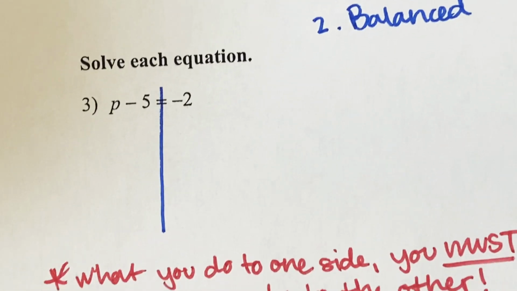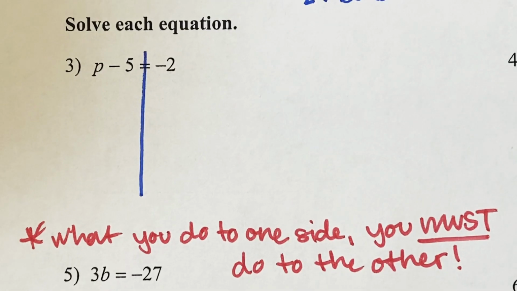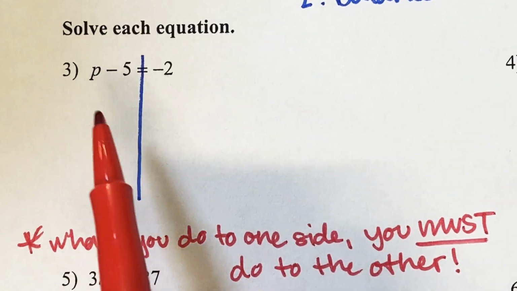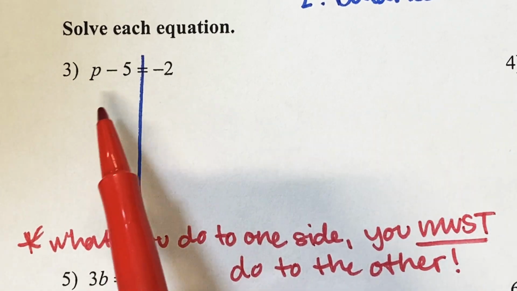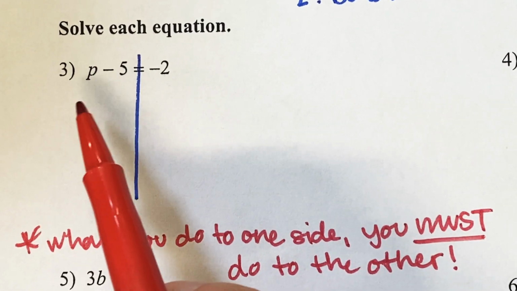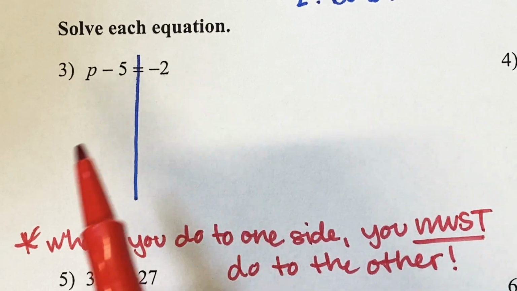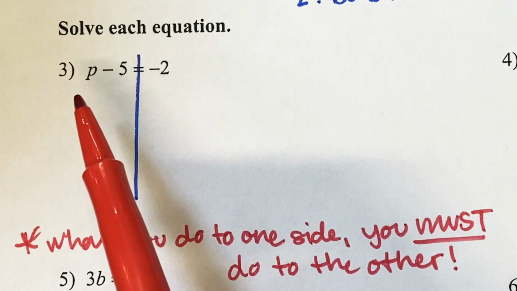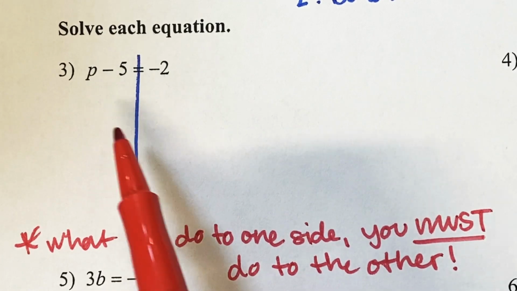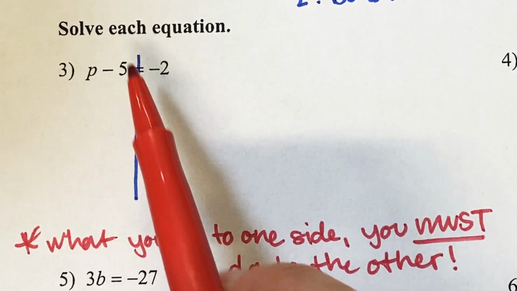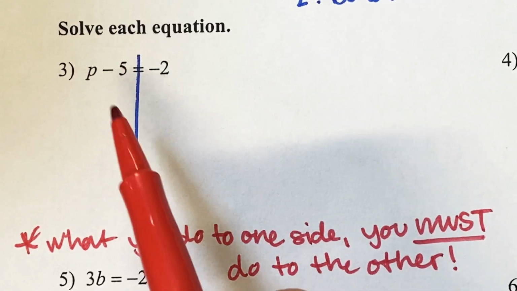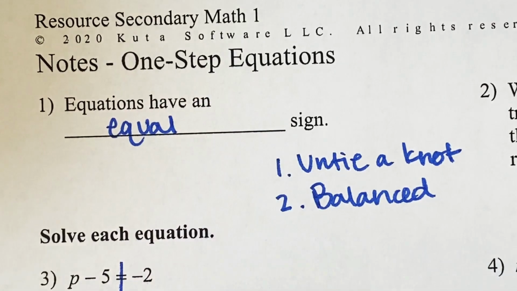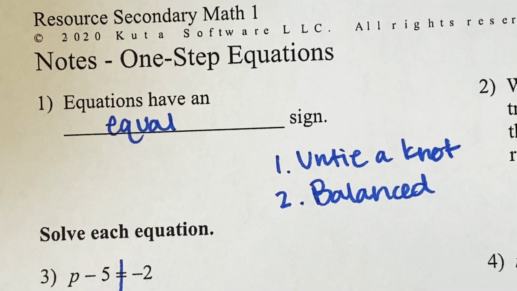Now let's talk about untying the knot. There's this knot over here. You always want to start with the side that has your variable. The side that has my variable is this left side. Fun fact about me, I'm not very good at my left and rights. So in order to untie the knot, we need to do the opposite of whatever's happening over here with the variable. When we're solving one-step equations, that means we're only going to have to do one thing to solve.